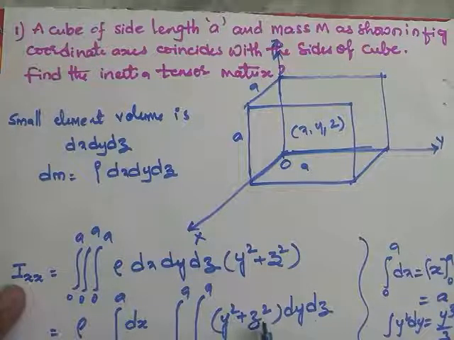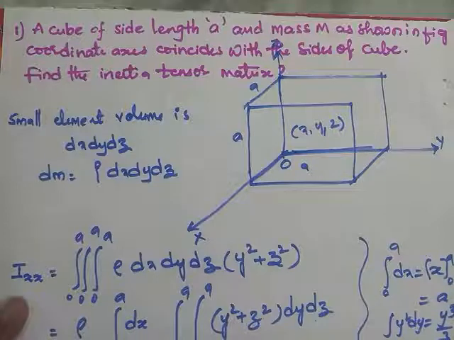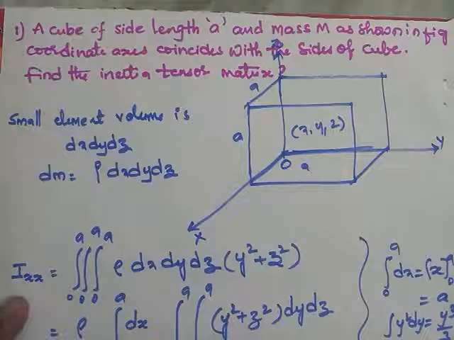Next, integration of dy will become y, so z square into y, with limits 0 to a, and dz remains the same. Again substituting the value of a, we get rho into a, and from 0 to a we get a cube by 3 plus z square into a dz.